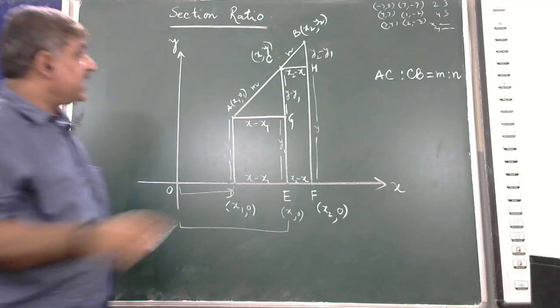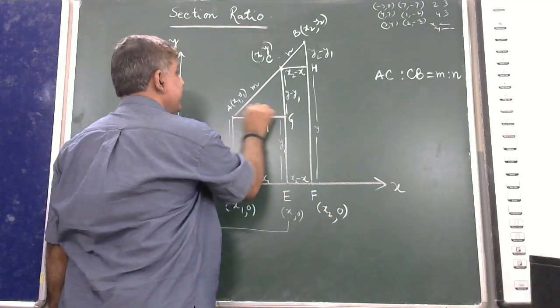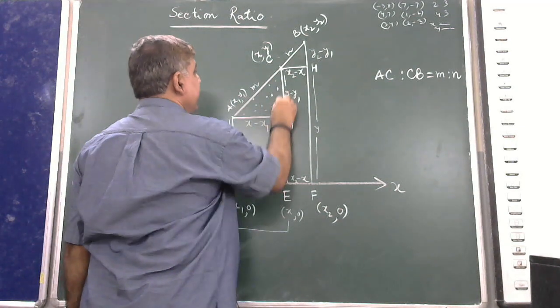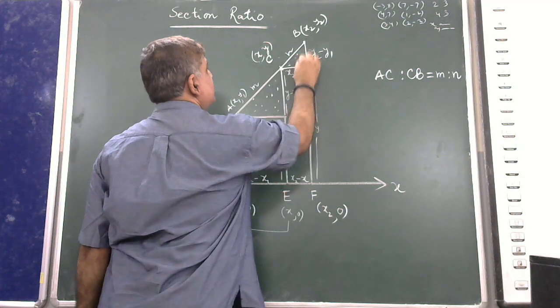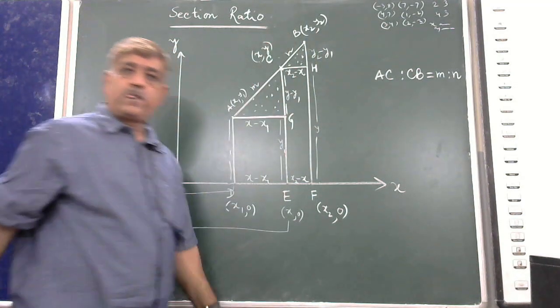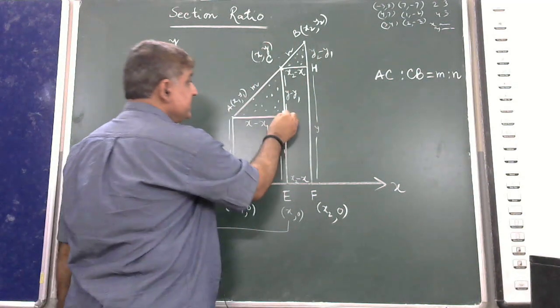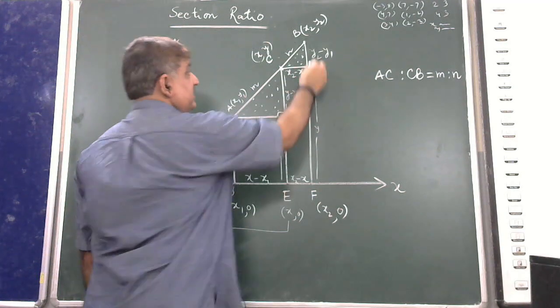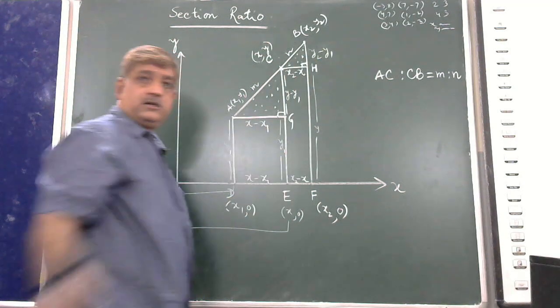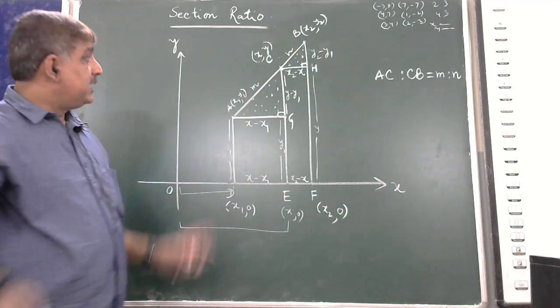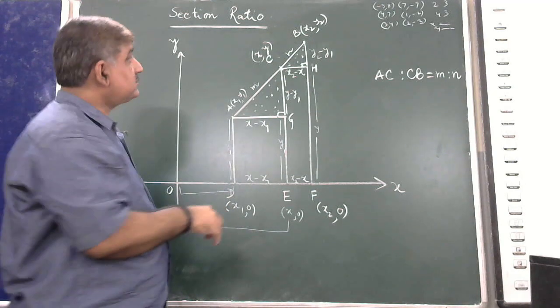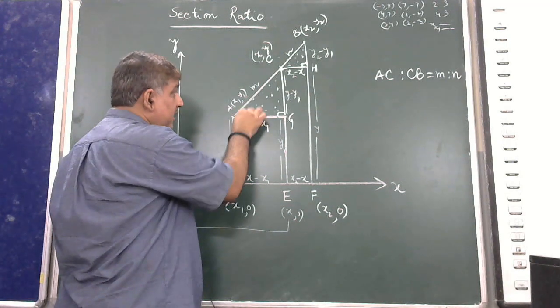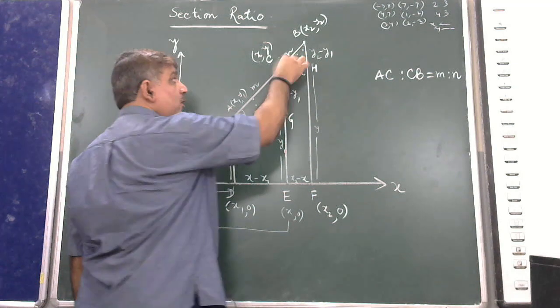Now consider two right angle triangles, this triangle as well as this triangle. You see here, this angle is 90 degrees and this angle is 90 degrees. Is it clear? Now, this angle is equal to this angle. Why?